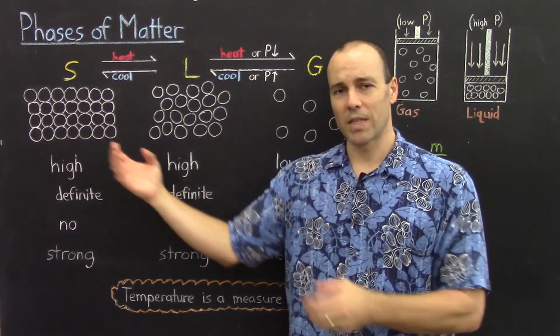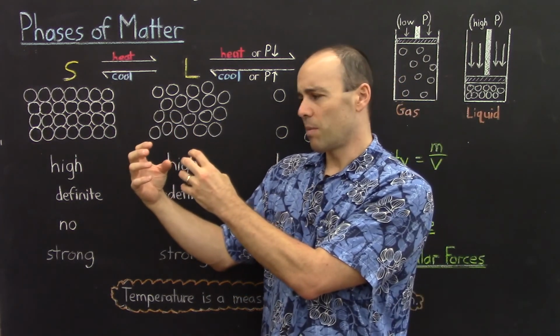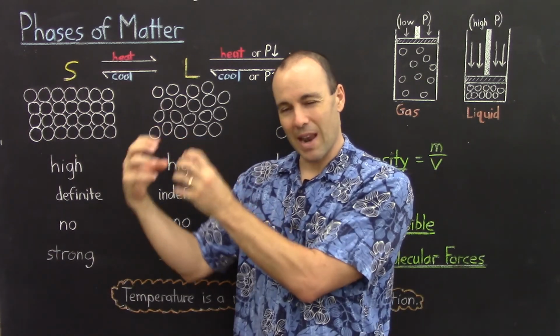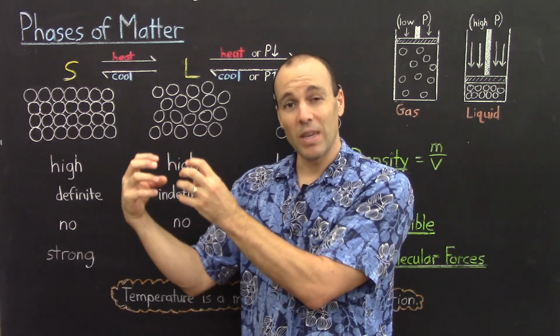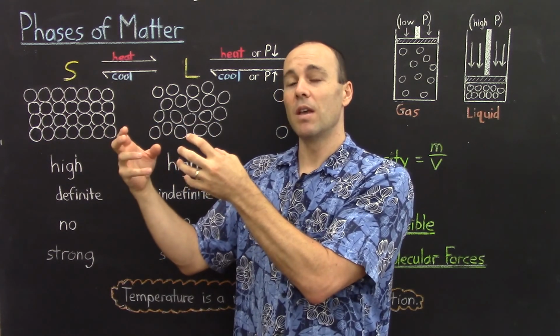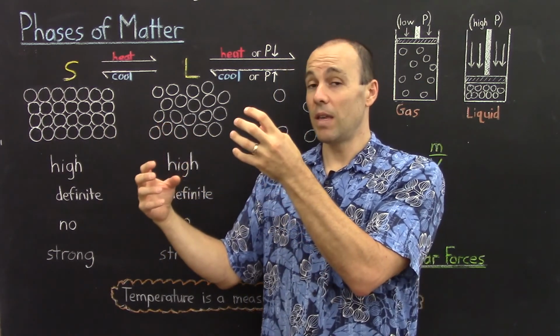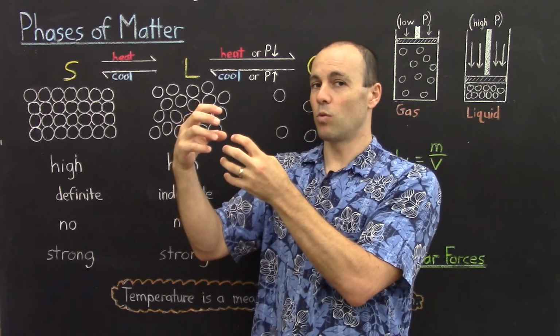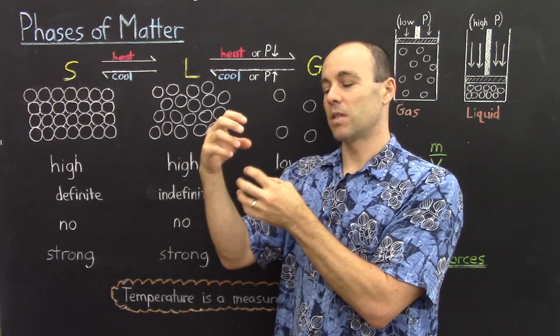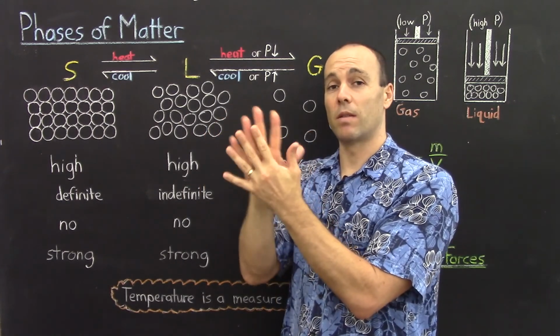So when you have a solid where the particles are held rigid, those intermolecular forces are strong enough to lock the particles together. As you heat a solid up, you're increasing the molecular motion, and eventually, if you heat it up enough, the particles will break free from that locking intermolecular forces, and they'll begin to flow past one another.